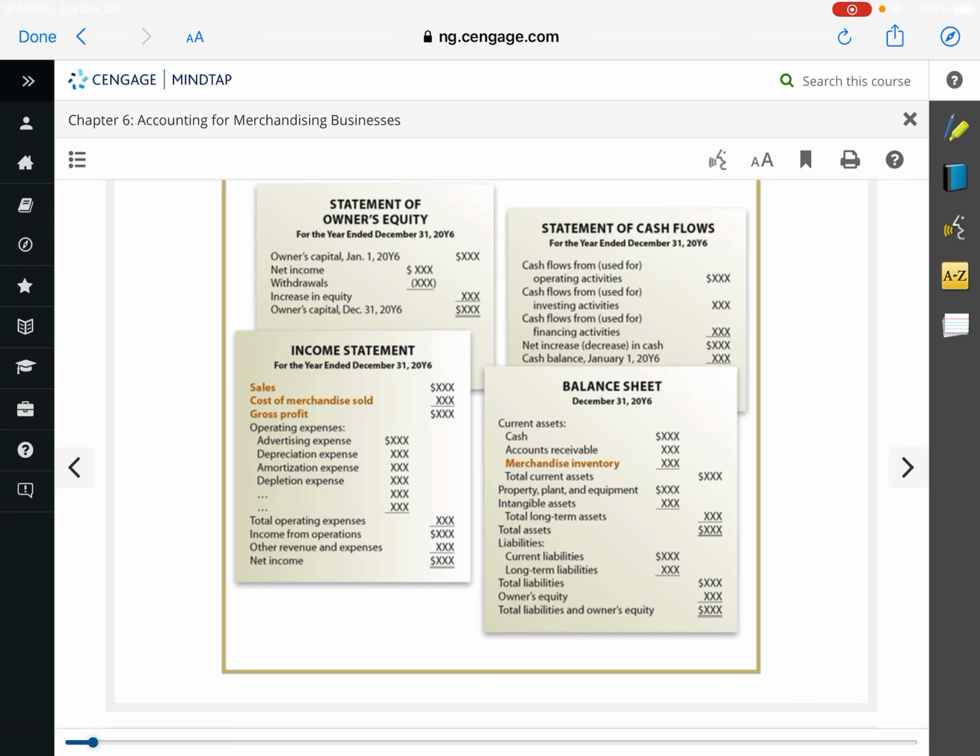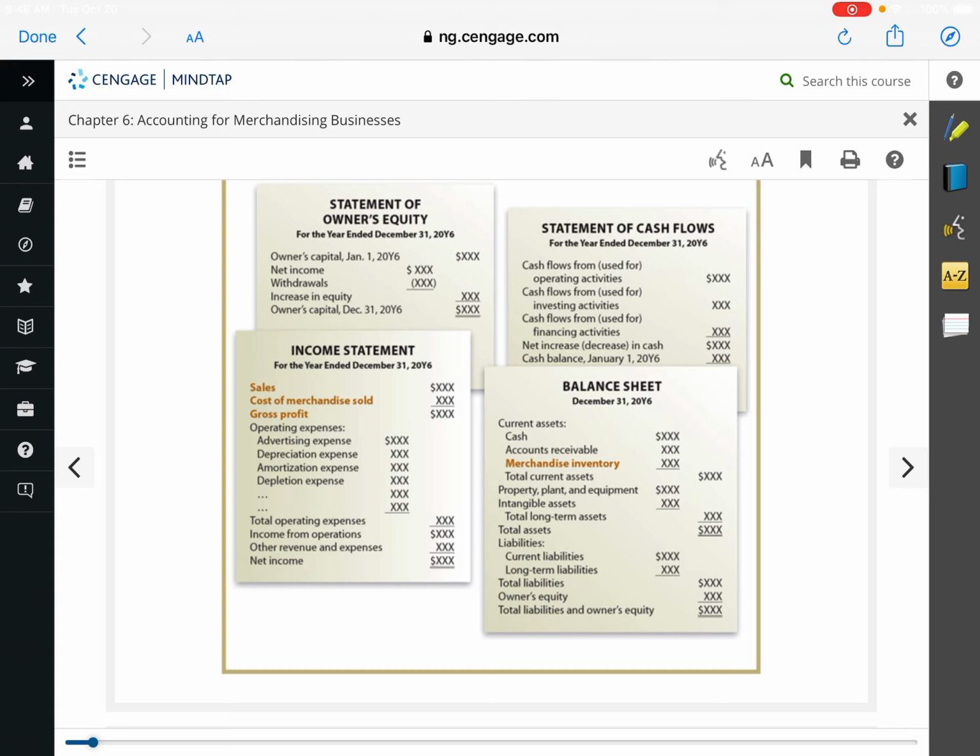So every time that they make a sale, what are they interested in? The profit, right? All right, so how do we figure out what profit is? Well, we're going to take what we sold it for, which would be sales, but then we also have to factor in what did it cost us to acquire that good and then sell it. And so we have another new account called cost of merchandise sold.